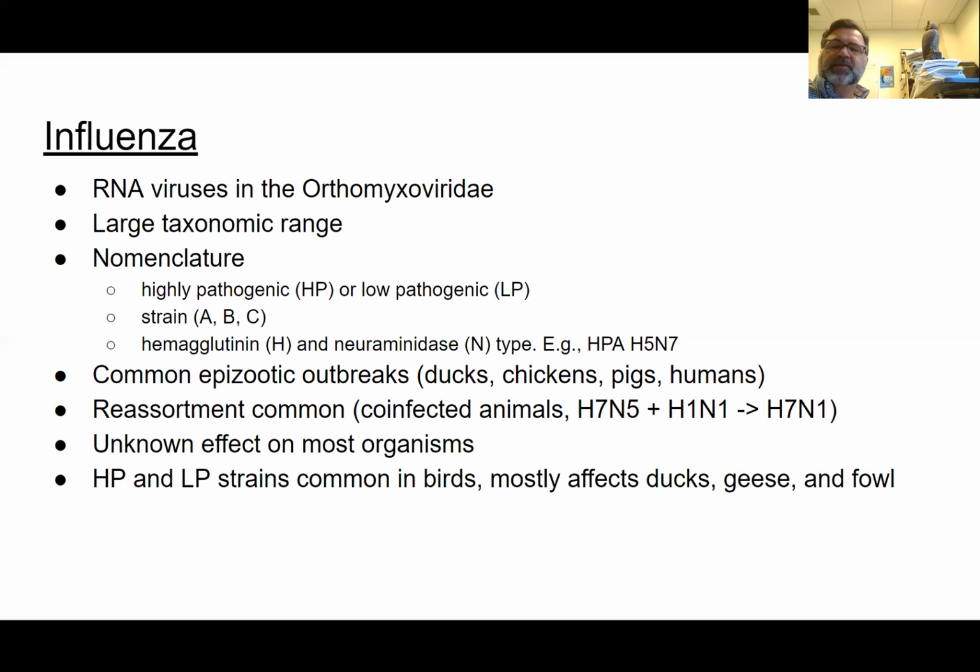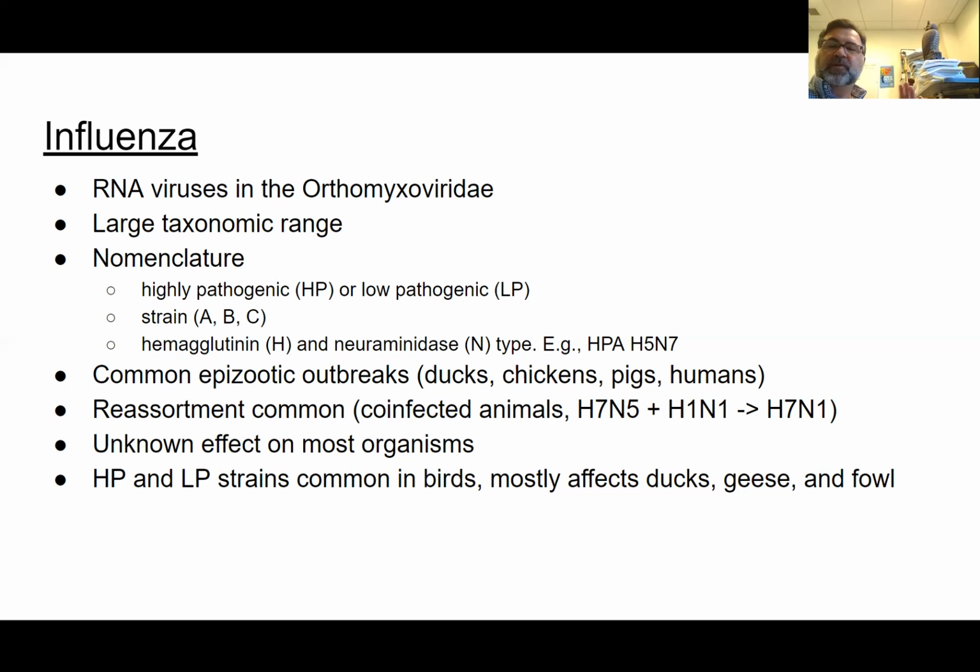What I mean by that is a pig can be infected by, for example, H7N5 and also be infected at the same time by H1N1. And what comes out of the pig when it sneezes would be H7N1. So the viruses are recombining, which is interesting and also very worrisome, because this is how new outbreaks emerge.